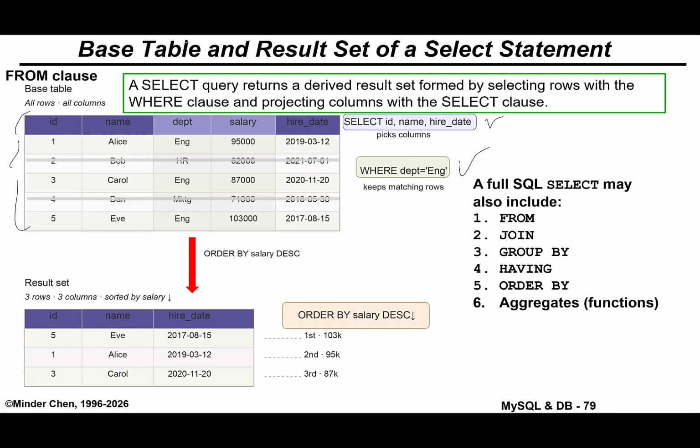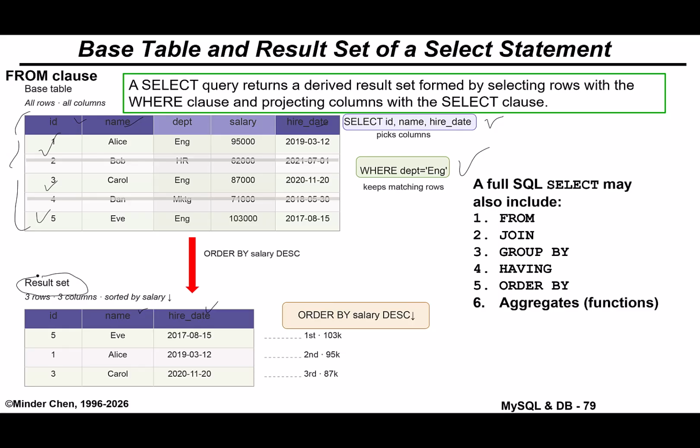And so eventually you get a subset of this base table, which means certain rows based on the criteria and certain columns based on the SELECT clause. Okay, with the SELECT clause and the WHERE clause, you get a subset of the original table. And once you get it, that's the result set. But we're not done yet.